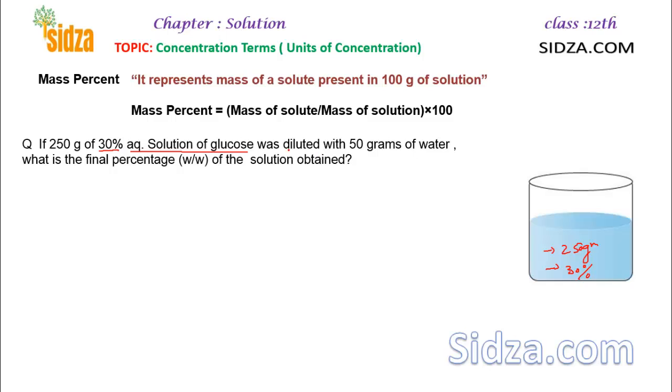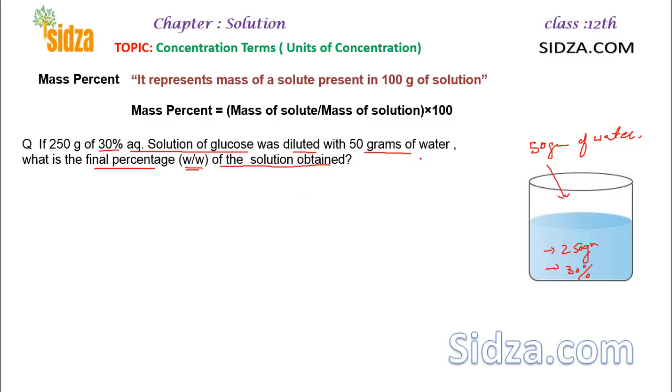We're going to dilute it. It was diluted by 50 grams of water. That means we are adding some more water here, 50 grams of water. What is the final percentage of the solution? We have to find the weight by weight percentage of the solution.